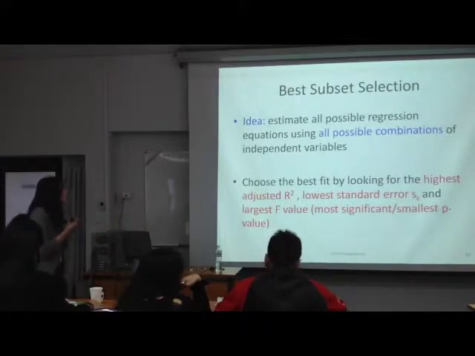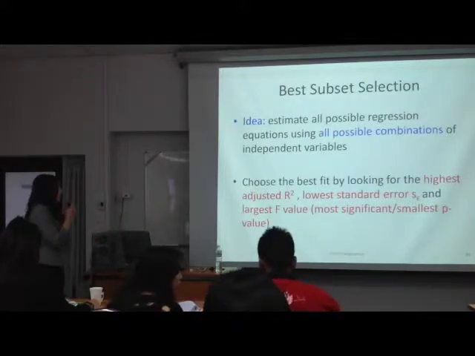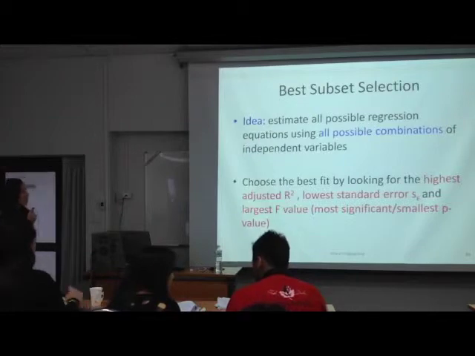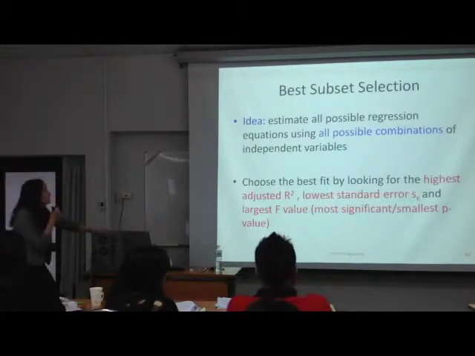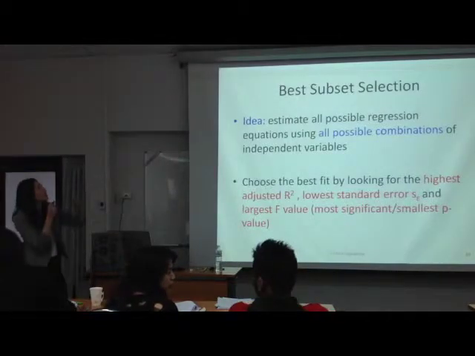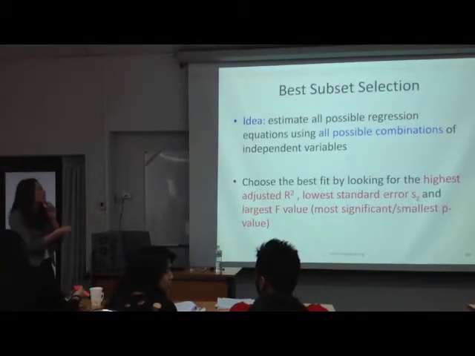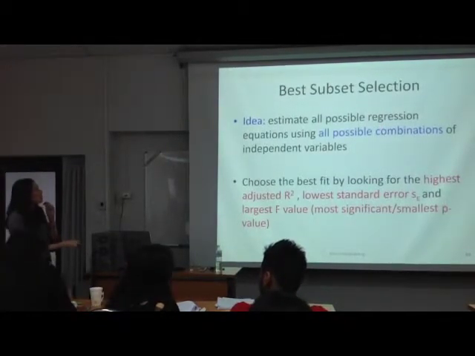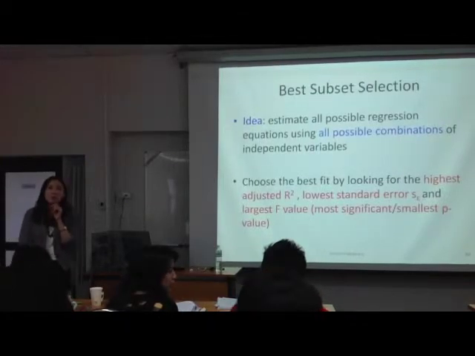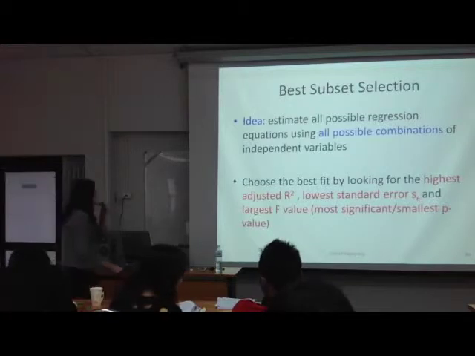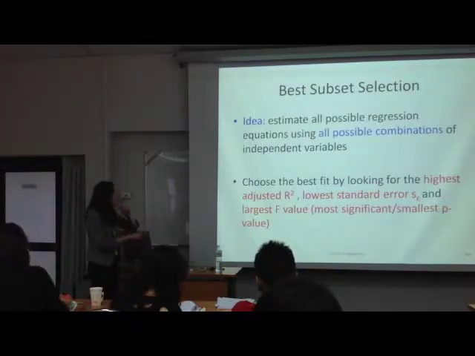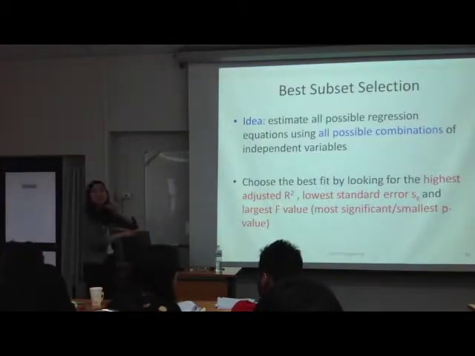Okay. And the last one is best subset selection. The idea of best subset selection is to estimate all possible regression equations. You use all possible combinations of independent variables, and this is very tedious to do. And then you choose the best fit by looking at the highest adjusted R-squared.